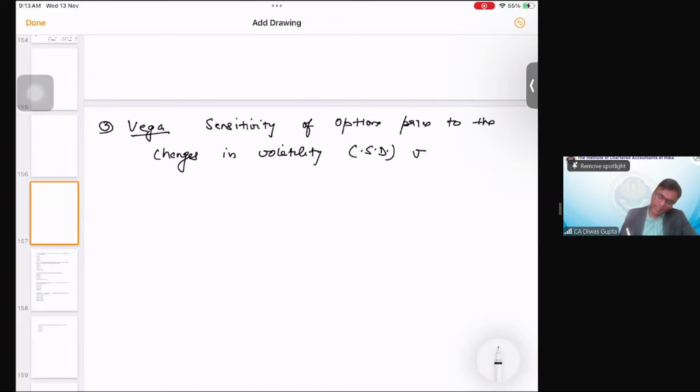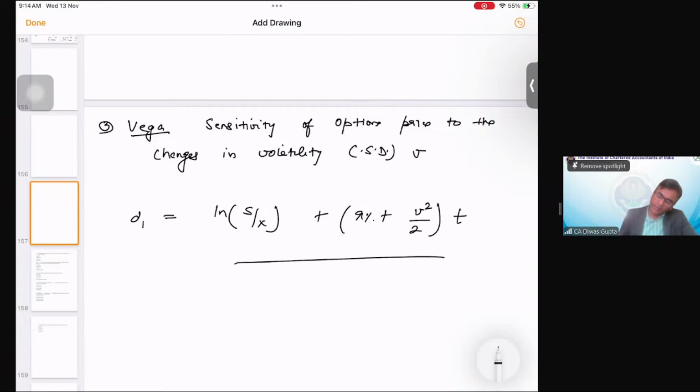Clear? So, as we discussed, d1 is equal to natural log of S by X plus r percentage plus volatility square divided by 2 into t, divided by volatility multiplied by under root t. So here if you see, volatility is playing a role in calculating d1, and hence d1 is going into the value of call or value of put, whatever the case may be.